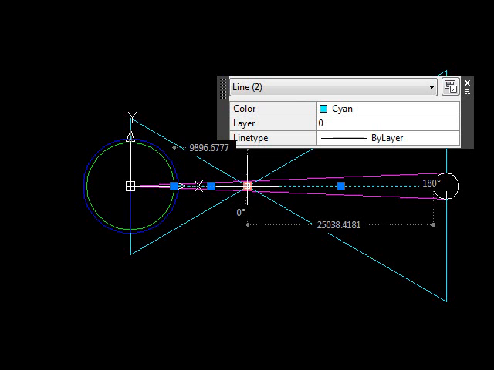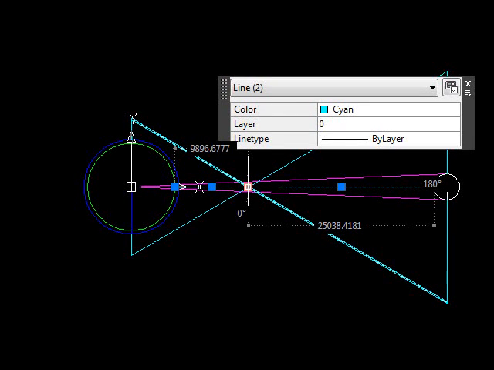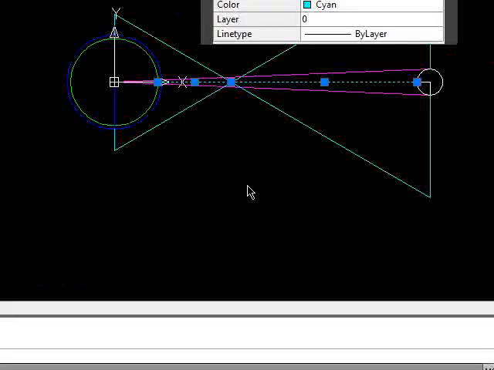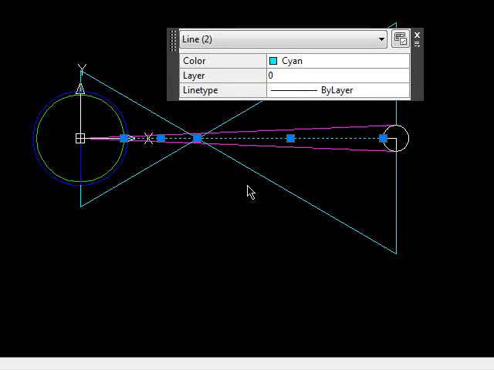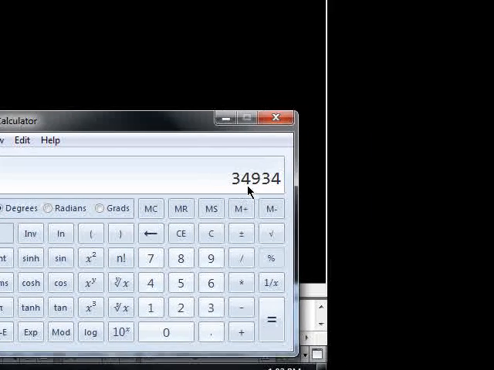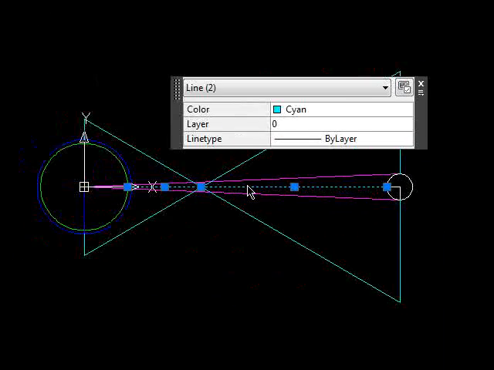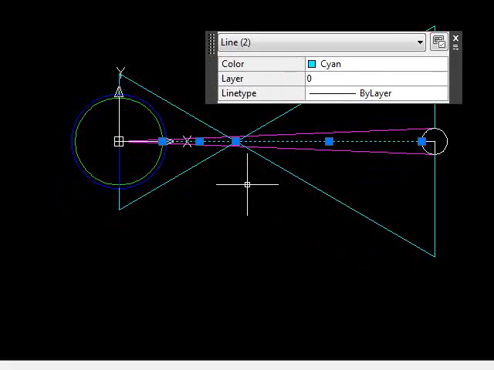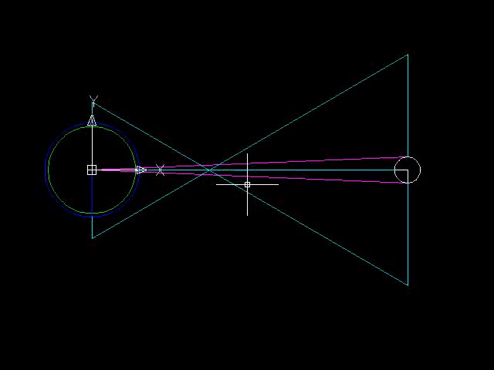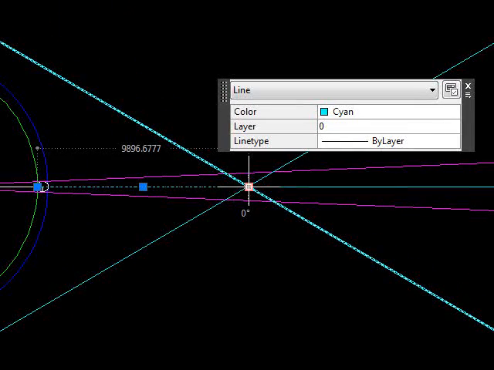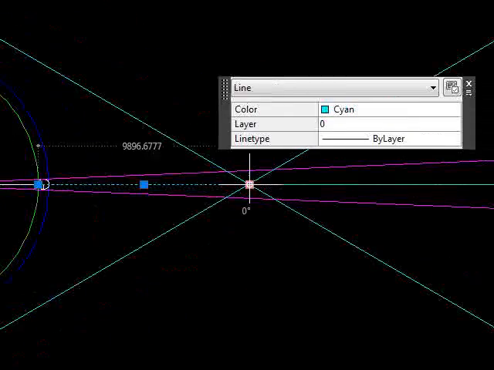So if we add those up, it would go according to our number that I showed you in my first video: 25,038 plus 9,896 comes to approximately 34,934 from the Earth to the Moon. Now I'm going to show you something else that would prove this. The distance between where it was filmed and the Earth is 9,896 kilometers.